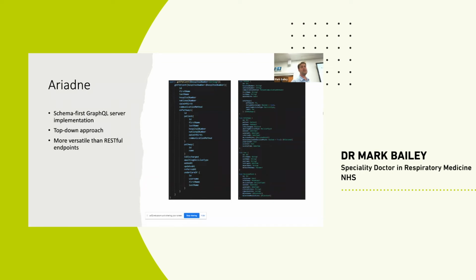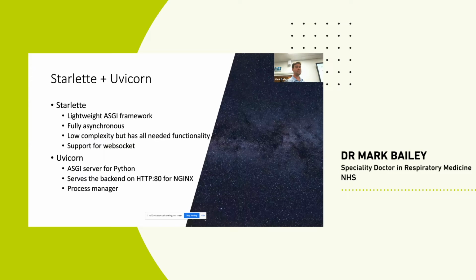And we use Ariadne as the GraphQL server on the back end. I think it's actually quite a good system from what I've seen of it. And Starlette and Uvicorn as your ASGI server for Python, which allows push as well, and it went via an Nginx web server.